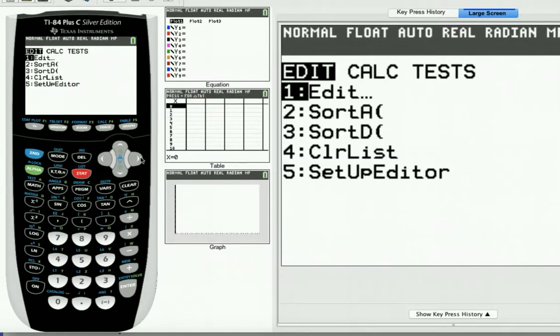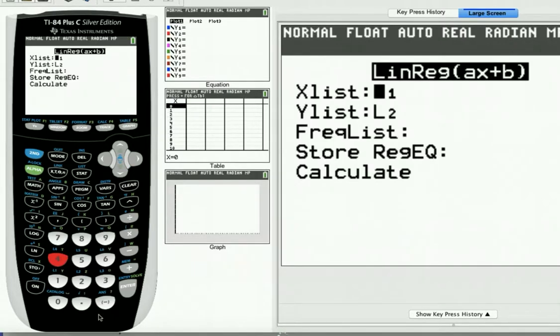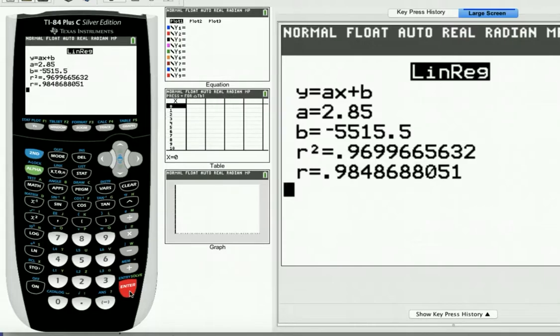So we're going to go to stat, over to calc, and do option 4. Our X is L1, our Y is L2, and then we're going to go to calculate. Whenever we do that, we get our equation to be Y equals 2.85 times our X value, which is going to be our years, minus 5,515.5.